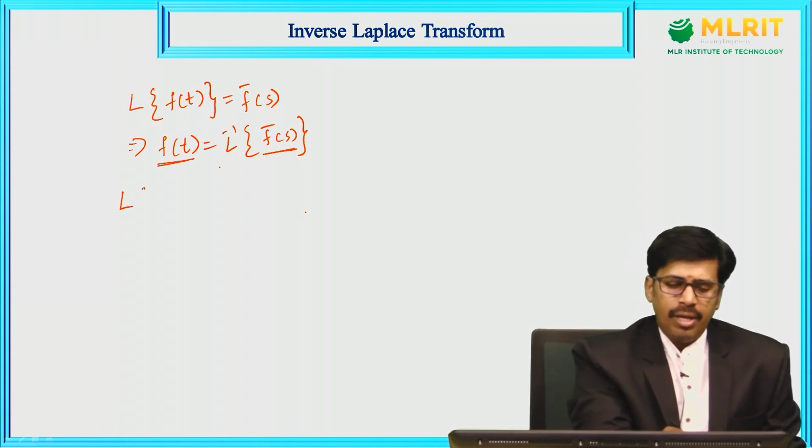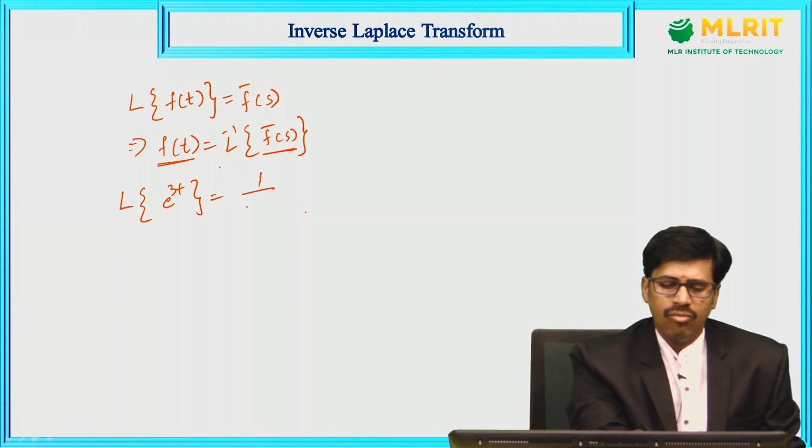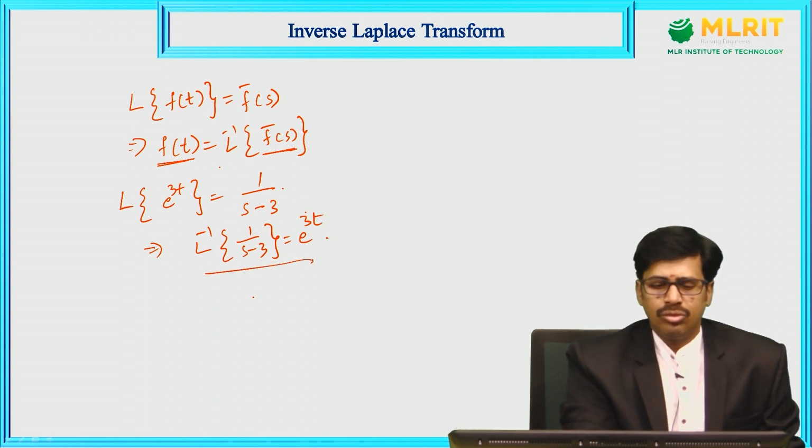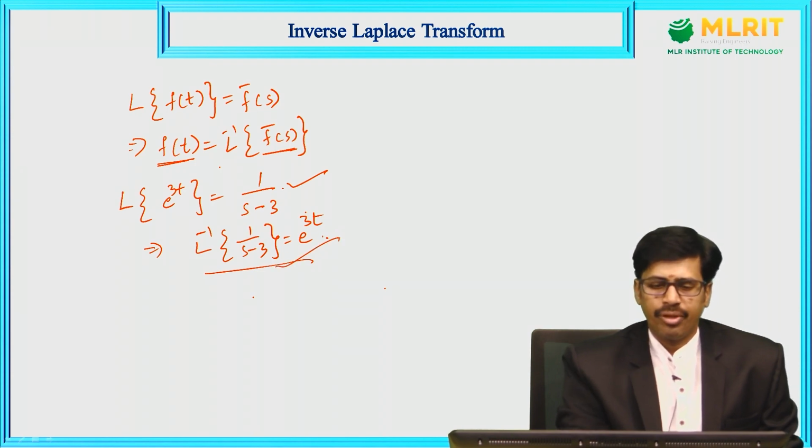What is Laplace transform of e power 3t? We know that it is 1 upon s minus 3. So, if we simply apply L inverse, L inverse of 1 by s minus 3 can be written as e power 3t. So, if you are perfect in Laplace transform, we can easily calculate inverse Laplace transform.